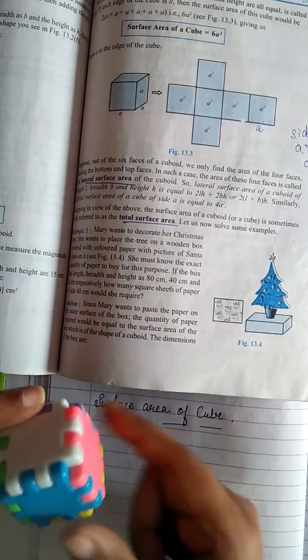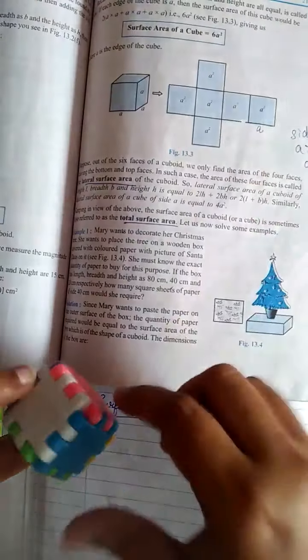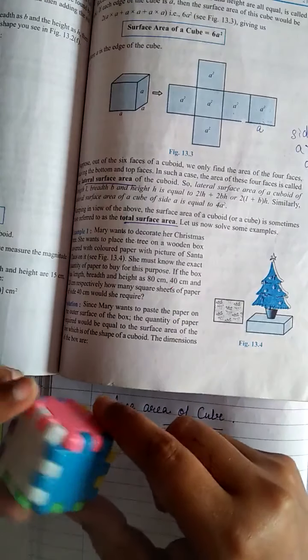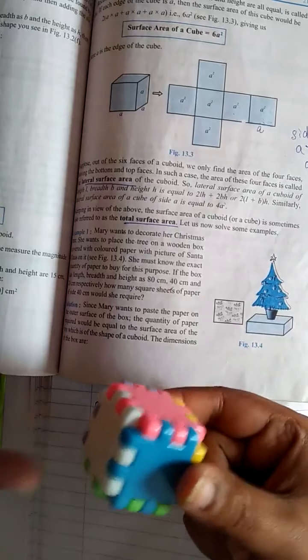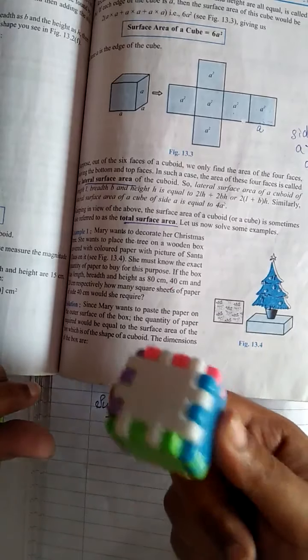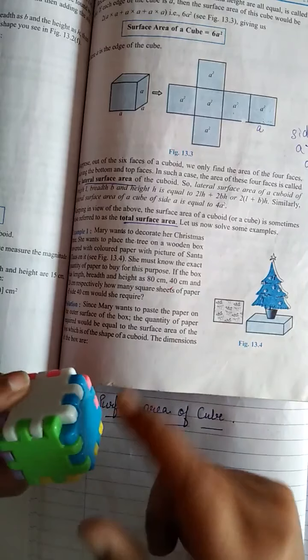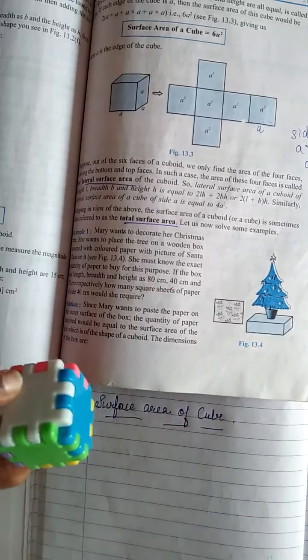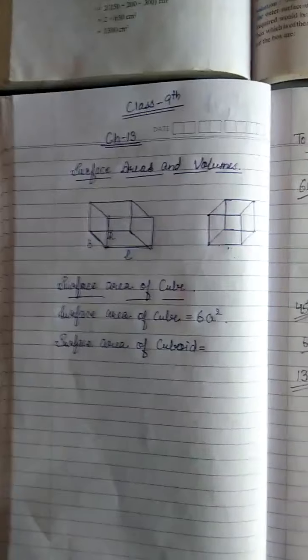If we want to find the surface area of the cube, we have 6 faces, and the area of each is a square. So when we add them, we get 6a square. In this way we can find the surface area of a cube. So the surface area of a cube is 6a square.